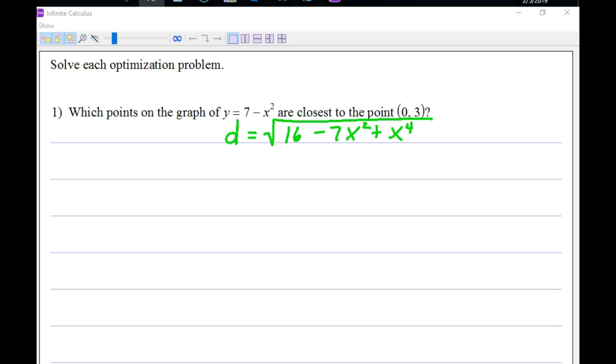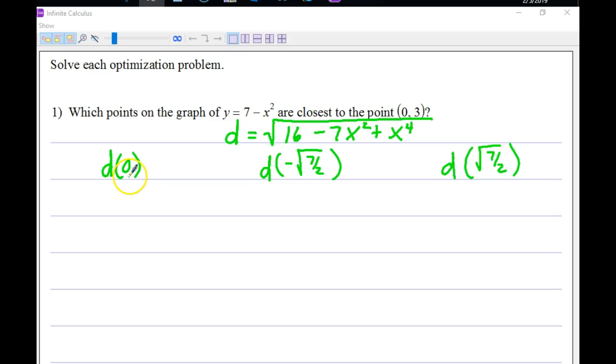Here's our distance formula problem. I'm going to plug in all 3 points: 0, negative square root of 7 halves, and positive square root of 7 halves. And we're going to see which one of these gives me the smallest possible output.